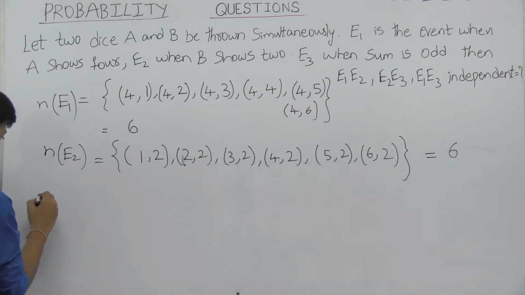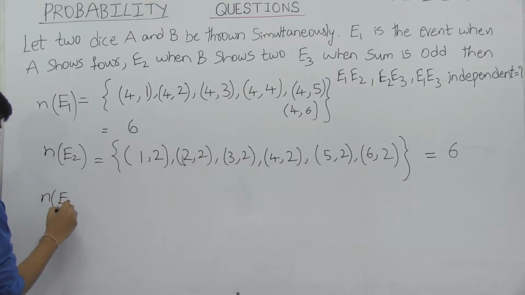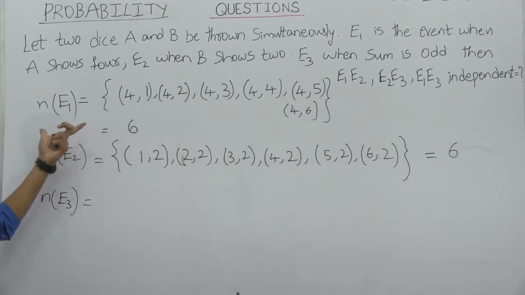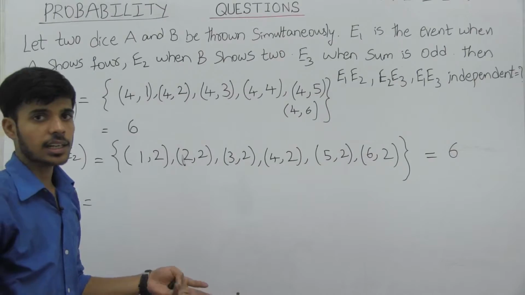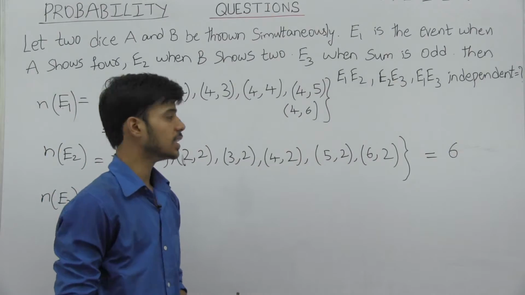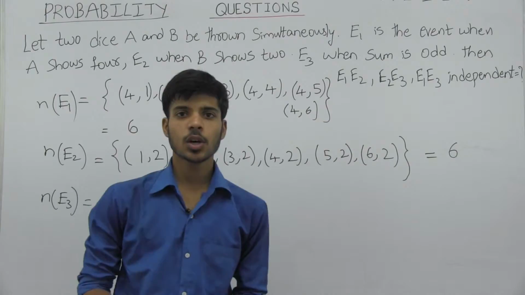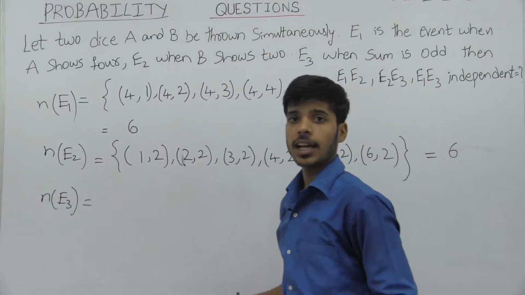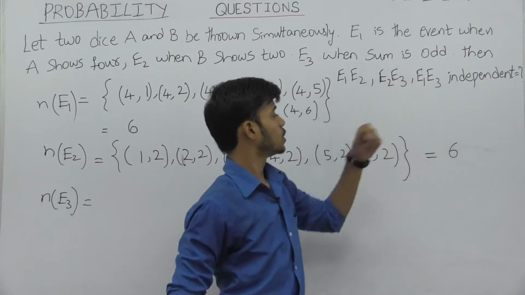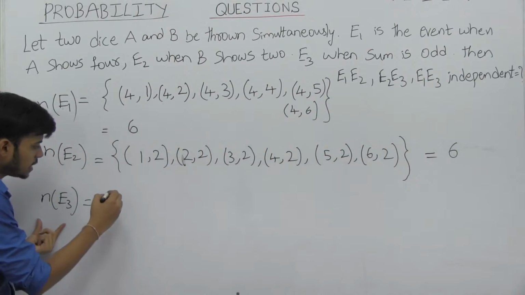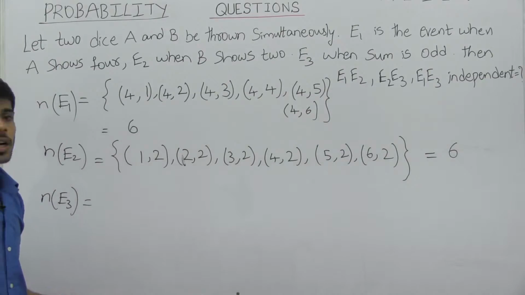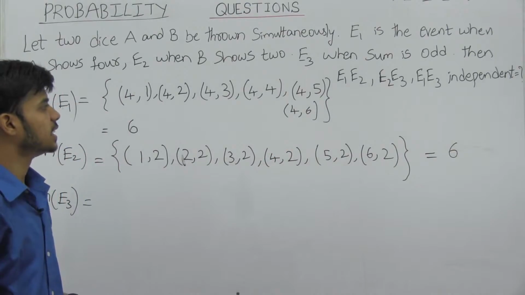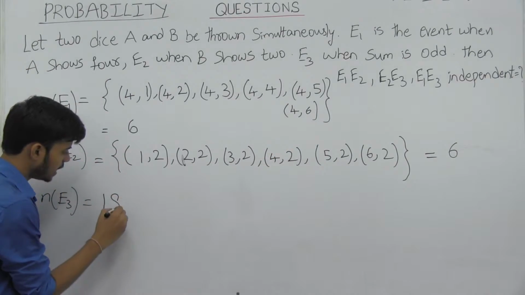Now coming over to event 3, the sum is odd. If we check the total number of events which can occur, it is 6 into 6, 36. Out of the 36, half of the events have their sum to be even and the other half have it odd, which we already know. Hence, the total number of ways is 36 and half of it is 18.